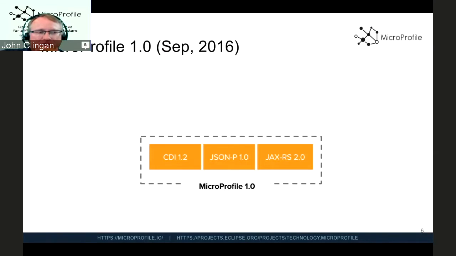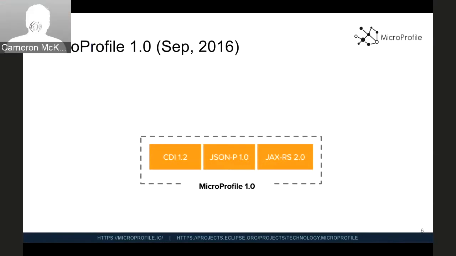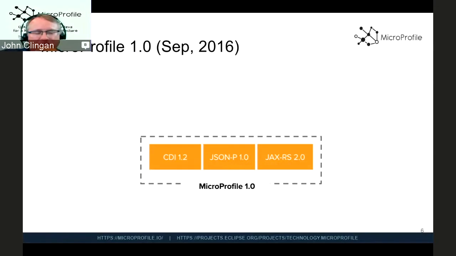So we started with a very simple set of features, and the vendors implemented them using their runtimes. We even have a conference demo application showing multiple microservices, each running on a different vendor implementation, all collaborating around a conference application using these technologies.